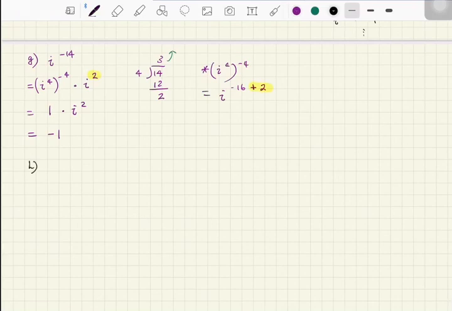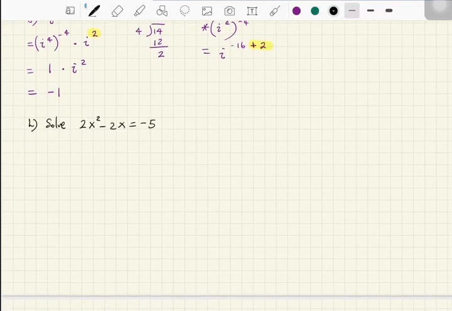The last example we want to do is to solve the equation 2x squared minus 2x equals negative 5. Since this is under the complex number section, we know the answer is going to be a complex number. To solve it, I'm going to rewrite it as 2x squared minus 2x plus 5 equals 0, because I want to use the quadratic formula, where 2 is a, negative 2 is b, and 5 is c.